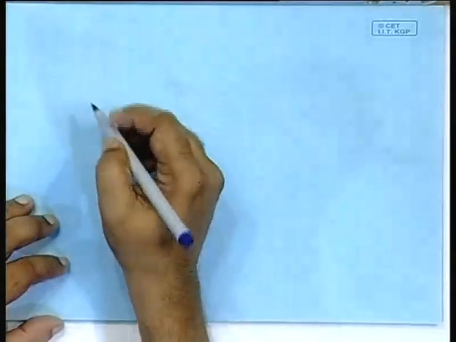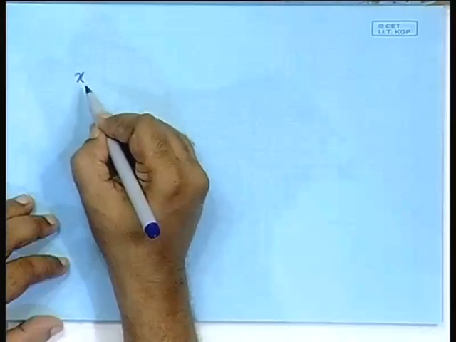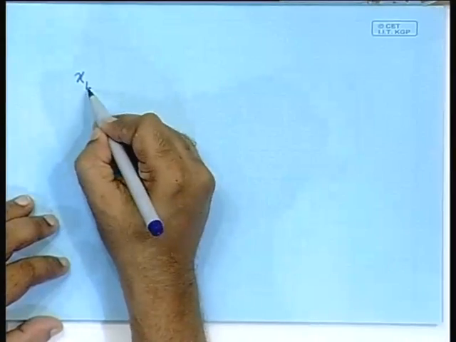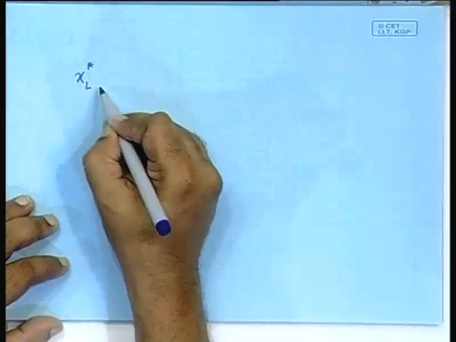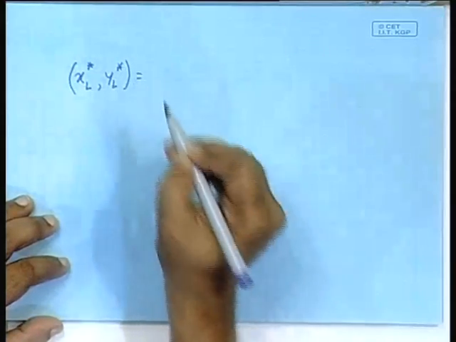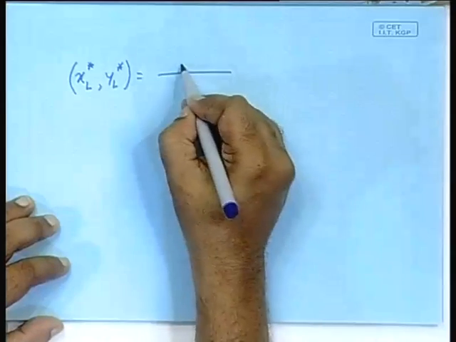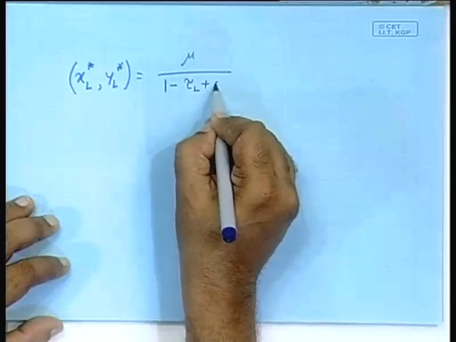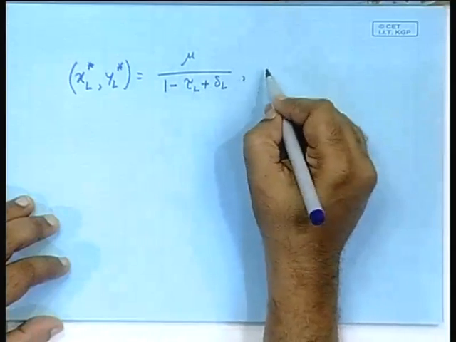That way if you do, you will see that I'll represent it with star, because the representation of fixed point is generally with a star. For the left hand side, this fixed point is given by mu 1 minus and so on.